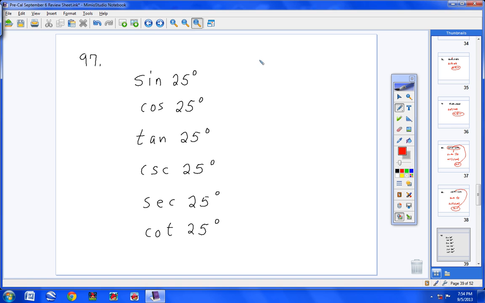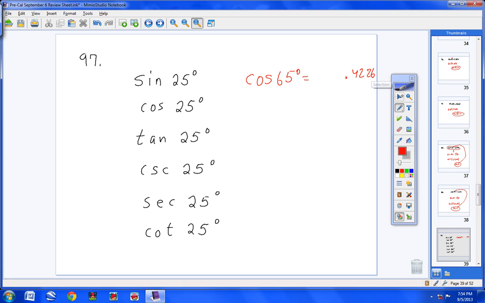This was in your notes yesterday, I believe, maybe yesterday or 2 days ago. Cofunction identities. And the cofunction of sine, now I know the inverse of sine is cosecant, but the cofunction trig function for sine is cosine. So I'm going to write cosine of 65 degrees equals, I'm going to look in my book, and there it is, 0.4226.